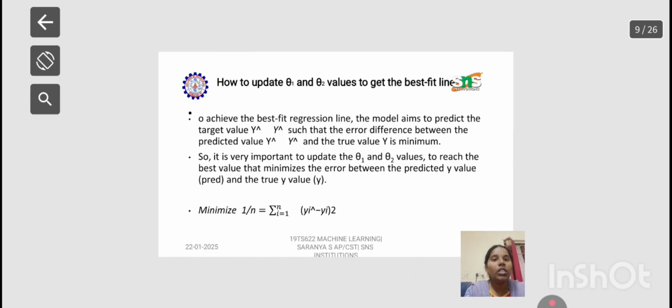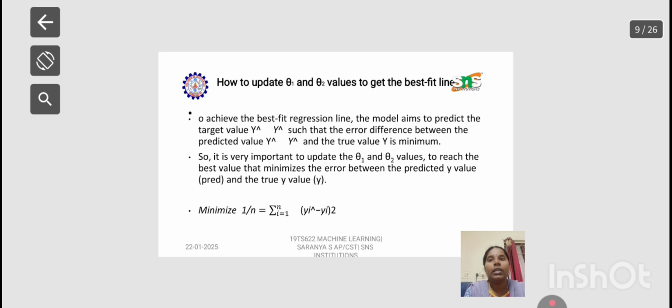To achieve the best fit regression line, the model aims to make the difference between the predicted target value y cap and the true value of y minimum.